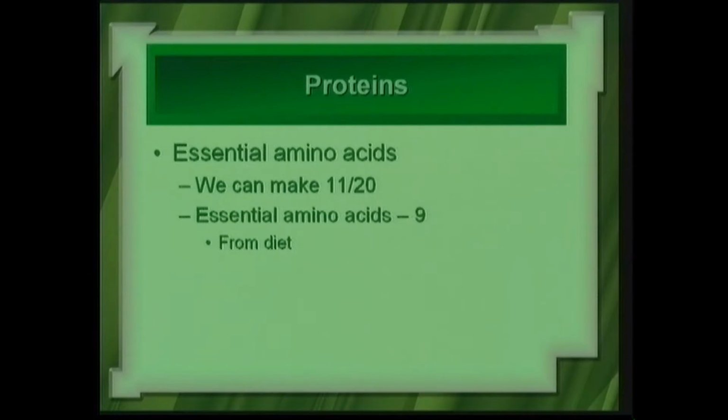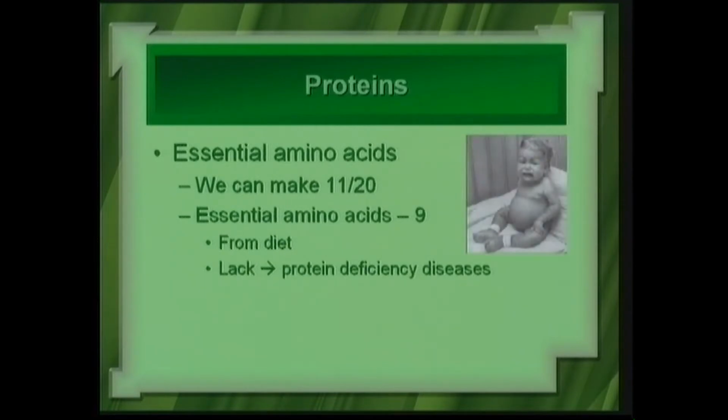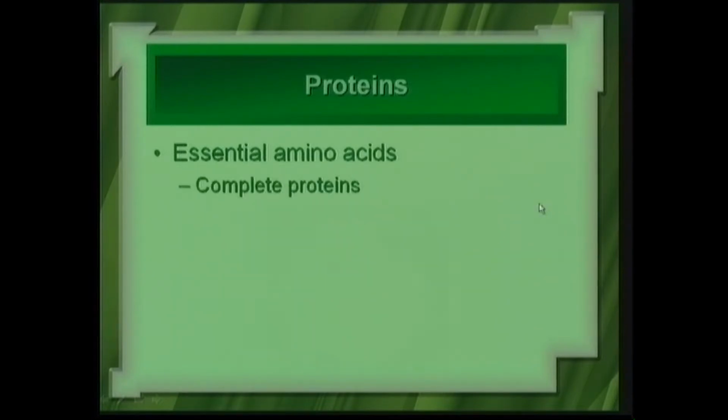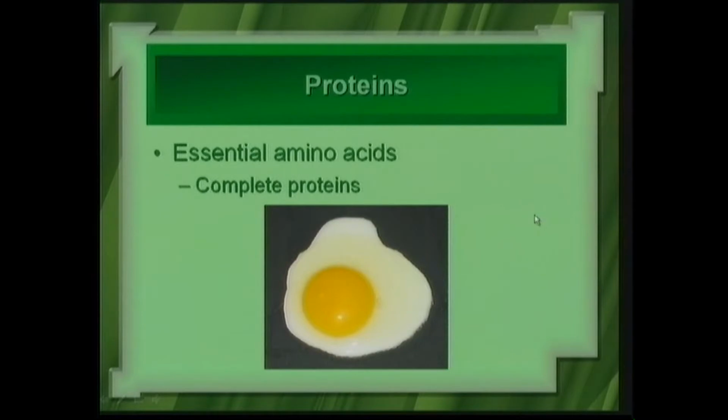So if you have a lack of certain of these essential amino acids, a person can get protein deficiency diseases like this poor unfortunate child here. He or she has something called kwashiorkor. Sorry, I triggered that too late. Anyway, complete proteins such as animal proteins, such as eggs, are a very good source.